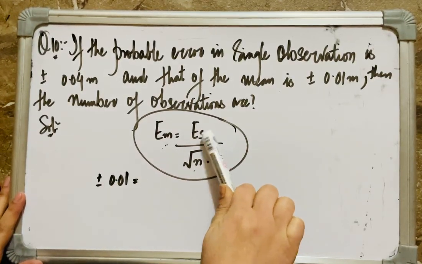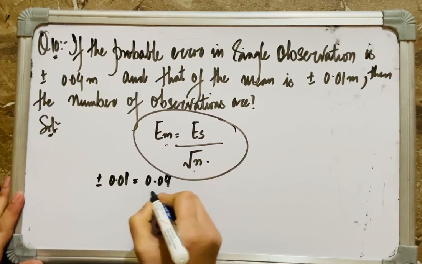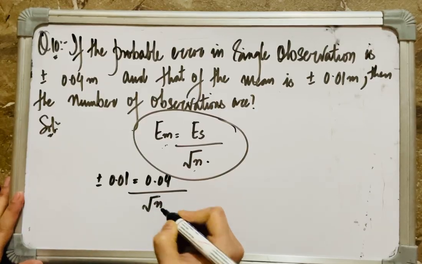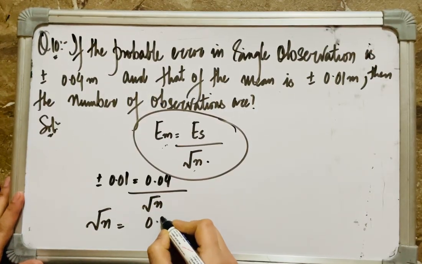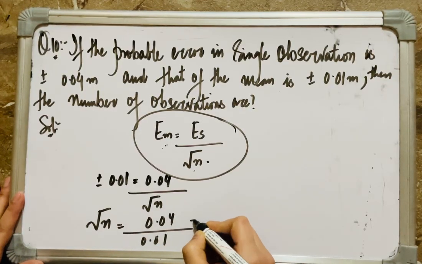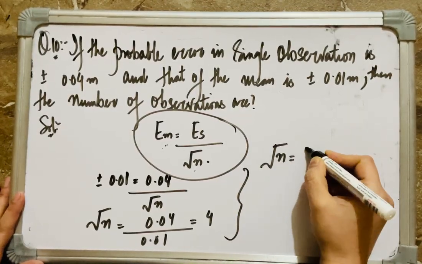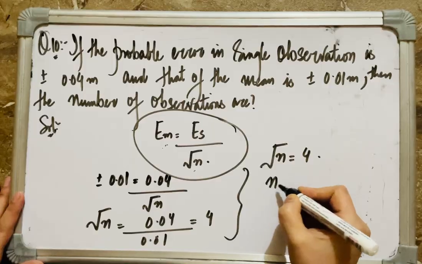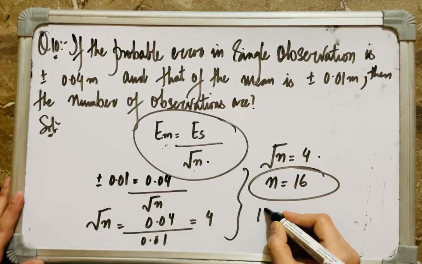By calculations, my square root of n is equal to 0.04 divided by 0.01, that is 4. So n is 16. So there are 16 observations.